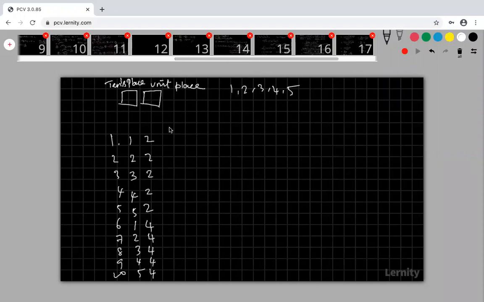So therefore only these 10 numbers are possible. Look at that.